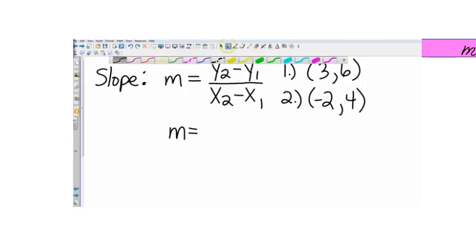I'm going to color code these. The y value of my second point is 4. The y value of my first point is 6. The x value of my second point is negative 2. And finally, the x value of my first point is 3.